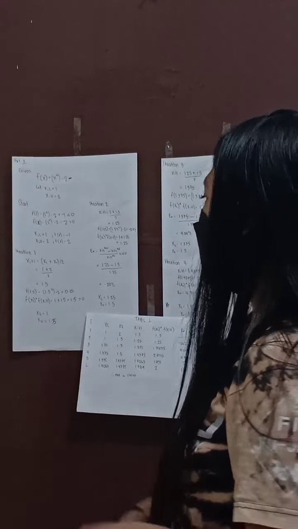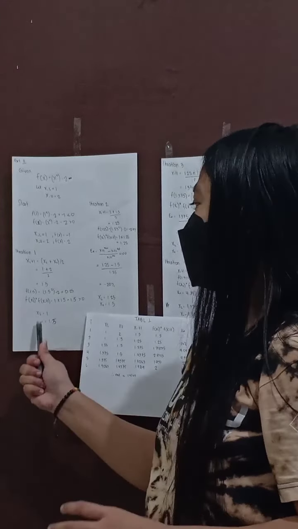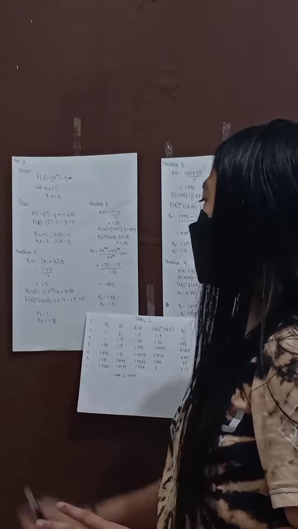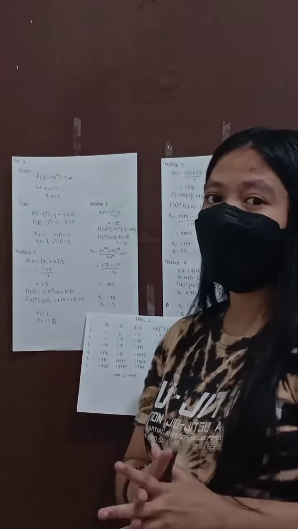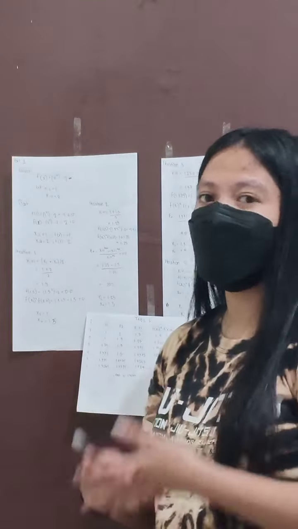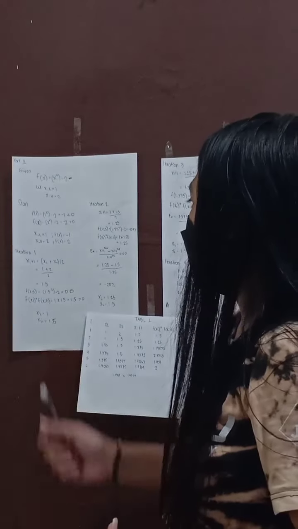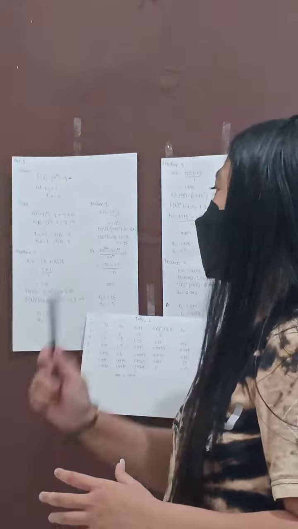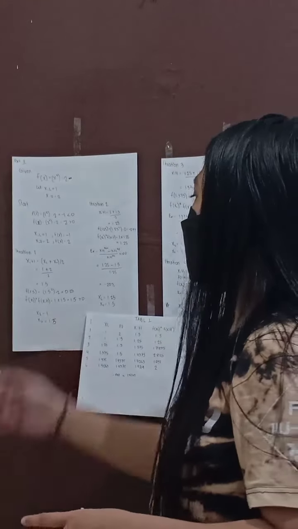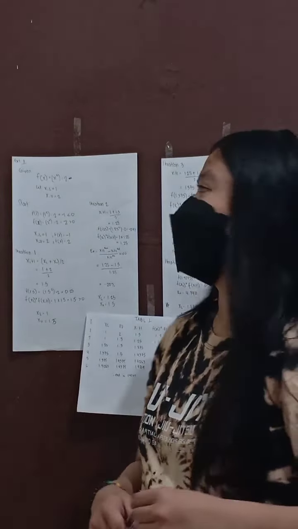So xl equals 1, then xu equals 1.5. I replaced the xu with xi plus 1. So that would be 1.5.